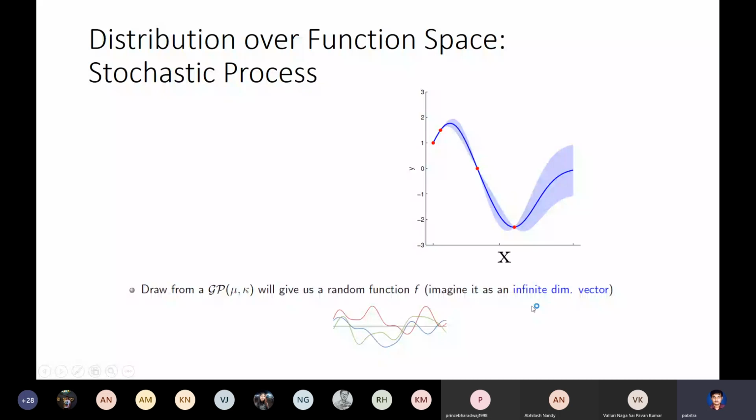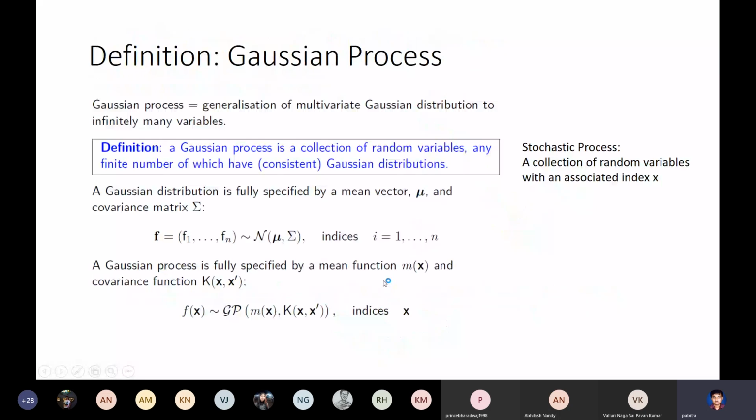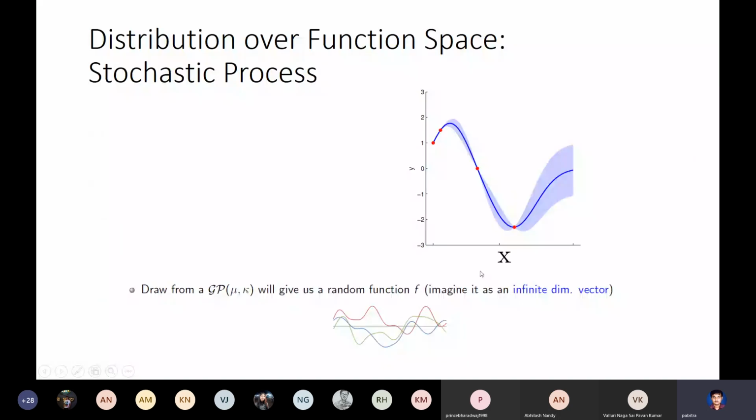If you take any subset of the variables, say x1, x2, x20, or say x5, x6, or say just x1, any subset of this x1 to x infinity, and look at the distribution, that is a random vector.